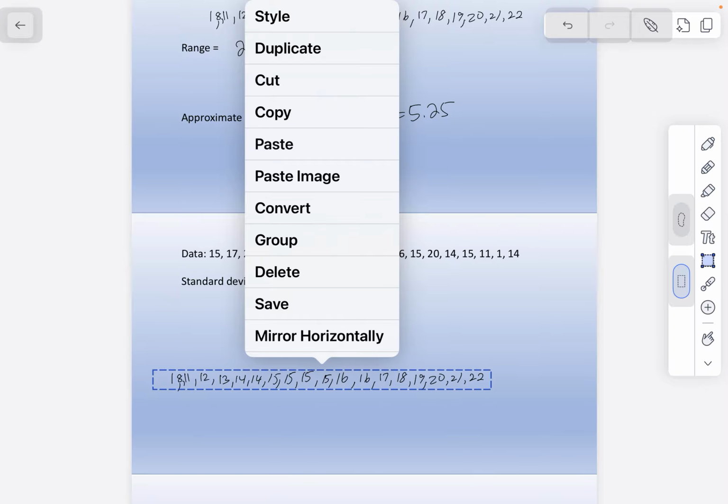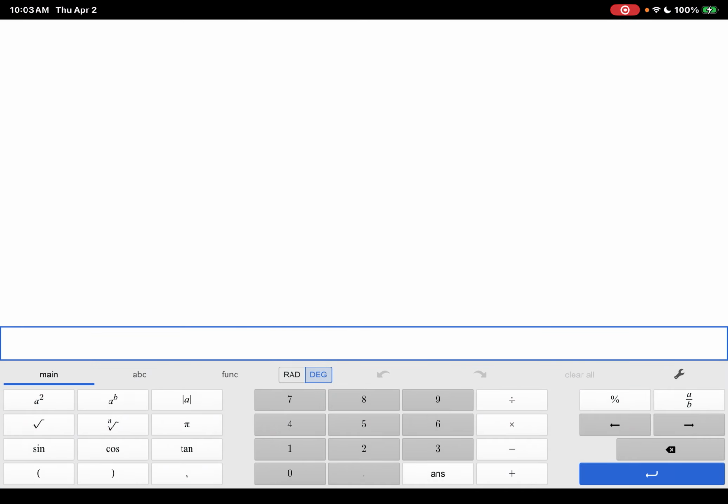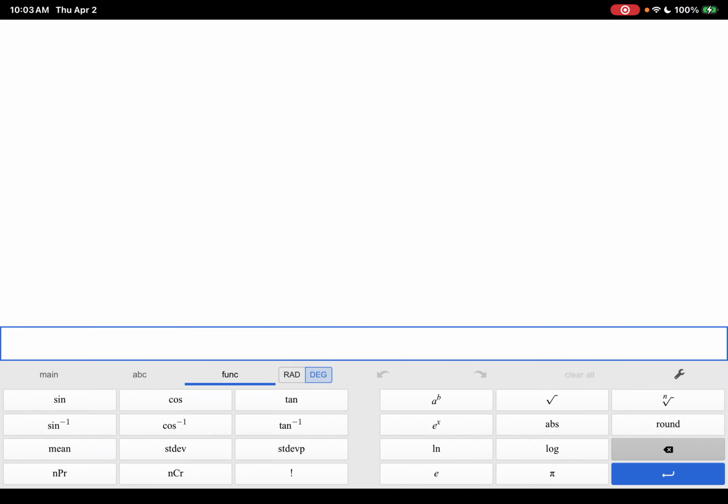Okay, so let's go into Desmos. And you're going to go to function. You're going to find standard deviation, not with a P, but just standard deviation. A parenthesis comes up.